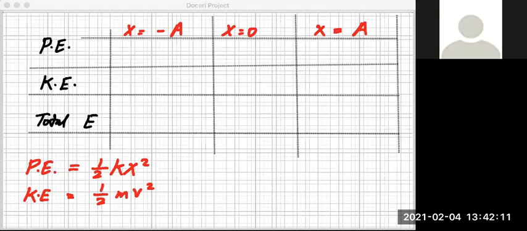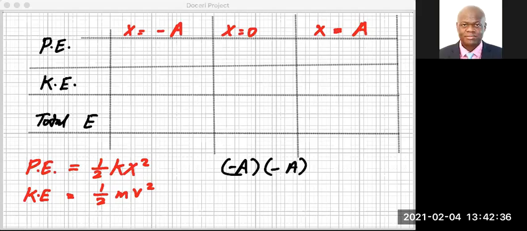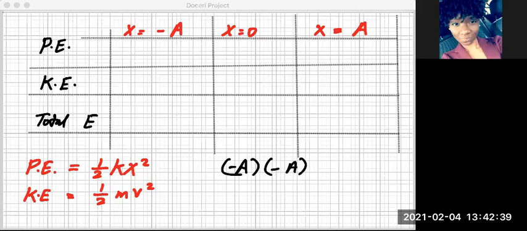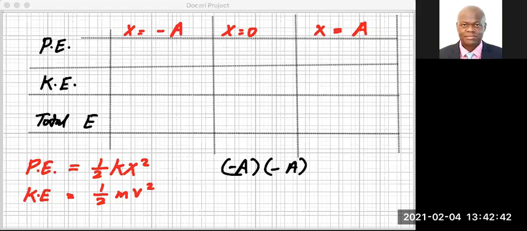What does it mean to square something? Multiply it by itself. Okay, so if we do -A times -A, what is it? Think again. Minus times minus is what? Positive. A times A is what? A squared. Okay.